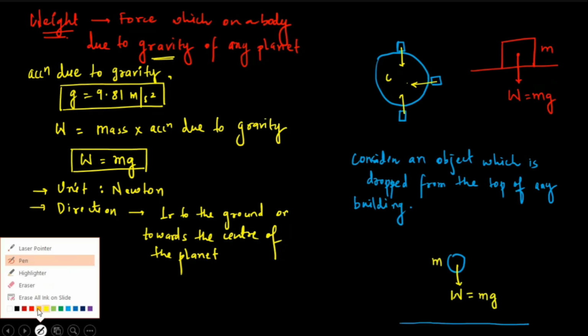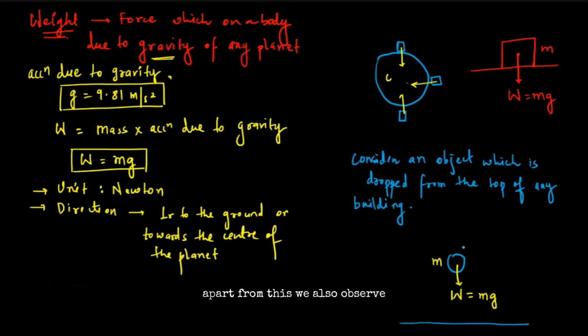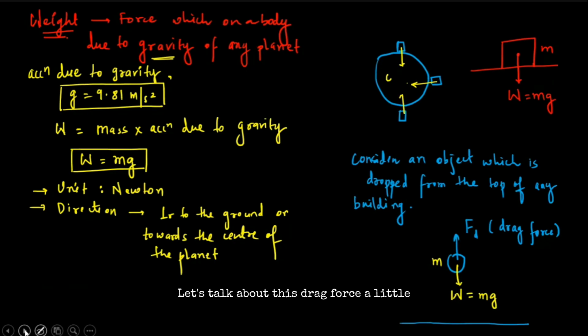But apart from this, we also observe that there is some force acting on the object in the upward direction, which is known as drag force. Let's talk about this drag force a little.